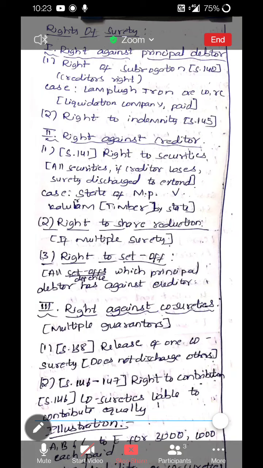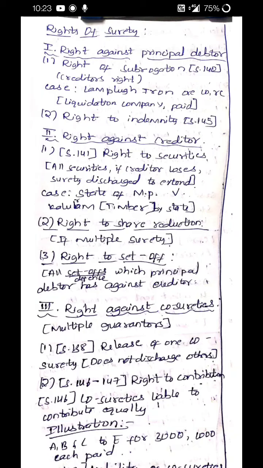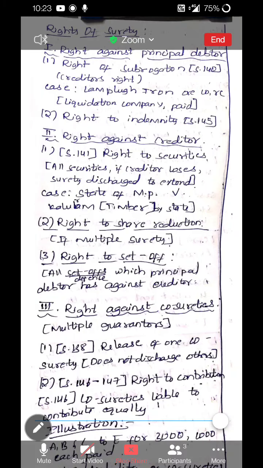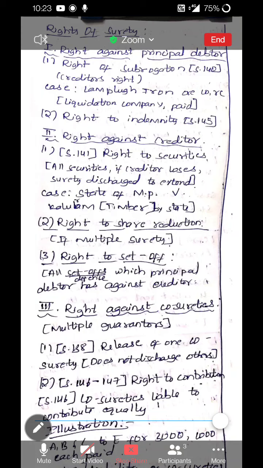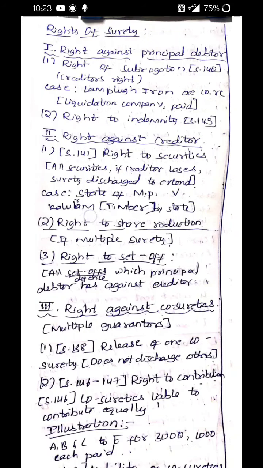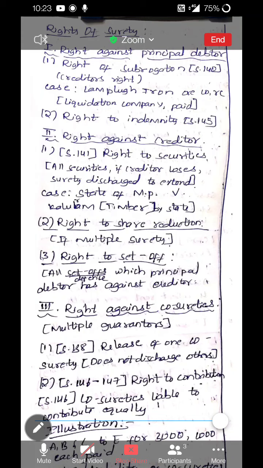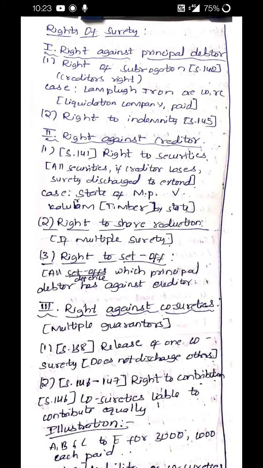The next is right to indemnity. Whenever the contract of guarantee is not free, so whenever the surety guarantees to cover the loss of the principal debtor, a contract of indemnity arises between the principal debtor and the surety. When the surety pays the amount, the principal debtor will have to pay all the amount back to the surety later.